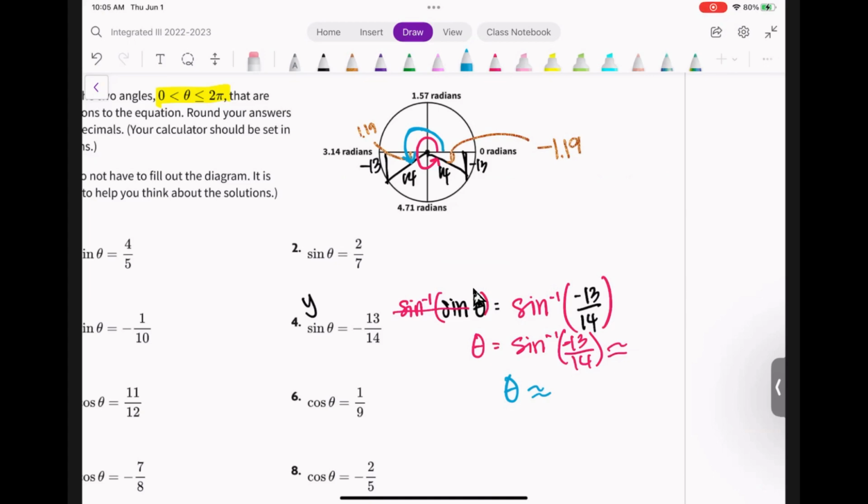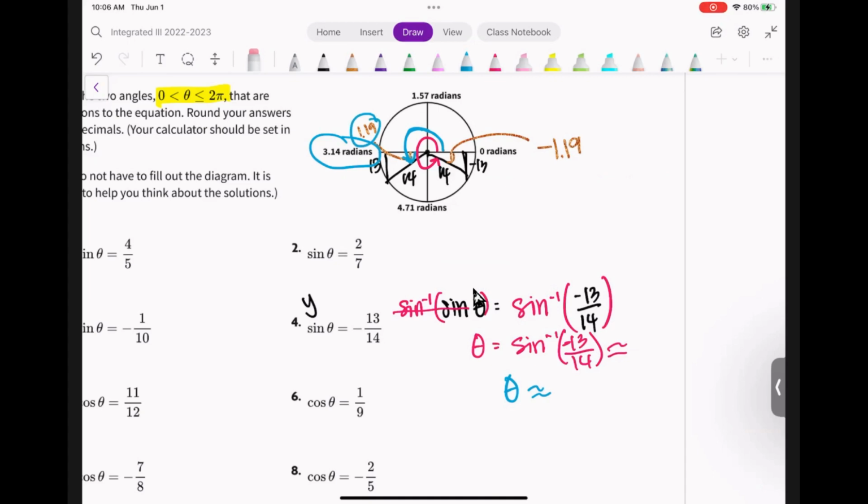If you remind yourself, this is 3.14 radians. Does that help you? Yes, 3.14, good, plus our 1.19. Does that make sense? So break it up. 3.14 goes all the way here.